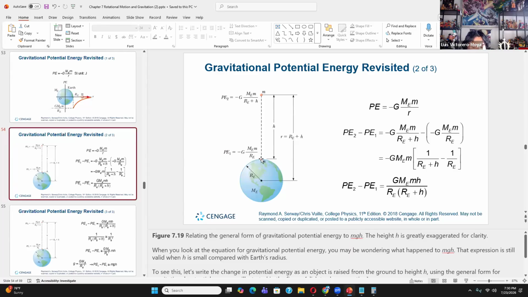Because of that distance with respect to the center of the Earth, there is gravitational potential energy here. And as we go farther, the value of gravity decreases, and the magnitude of this gravitational potential energy decreases. So if I want to do the difference between potential energy 2 minus potential energy 1, I get this.